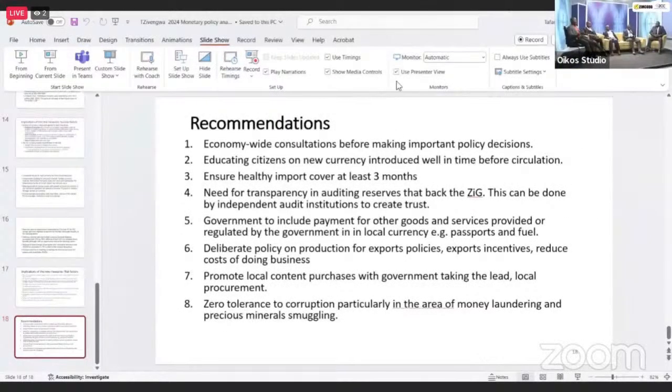And you managed to present before us some success factors, what must be followed if ZiG is to durably stabilize, and also what are some of the risks which we can encounter as we transact with the ZiG, and also the recommendations. You've provided some recommendations authorities must implement so that we stabilize our local currency.